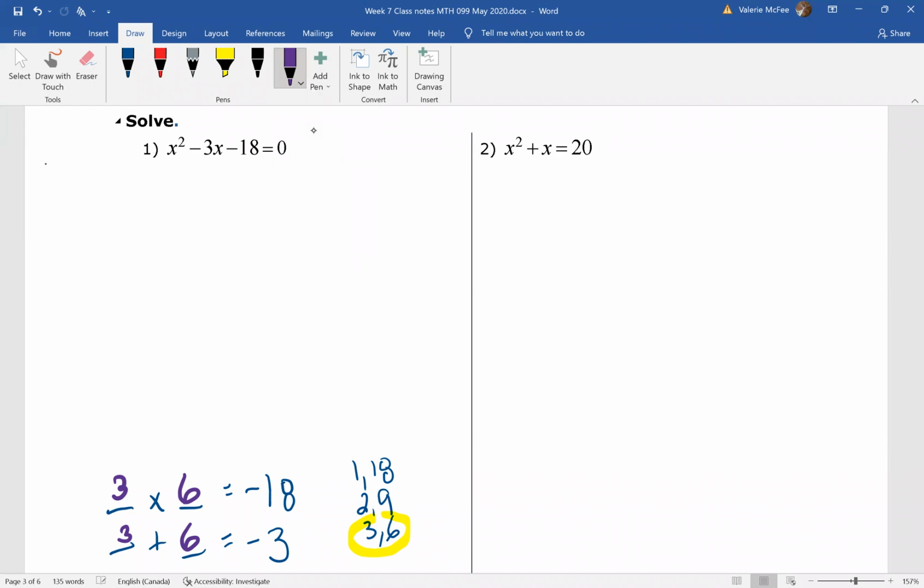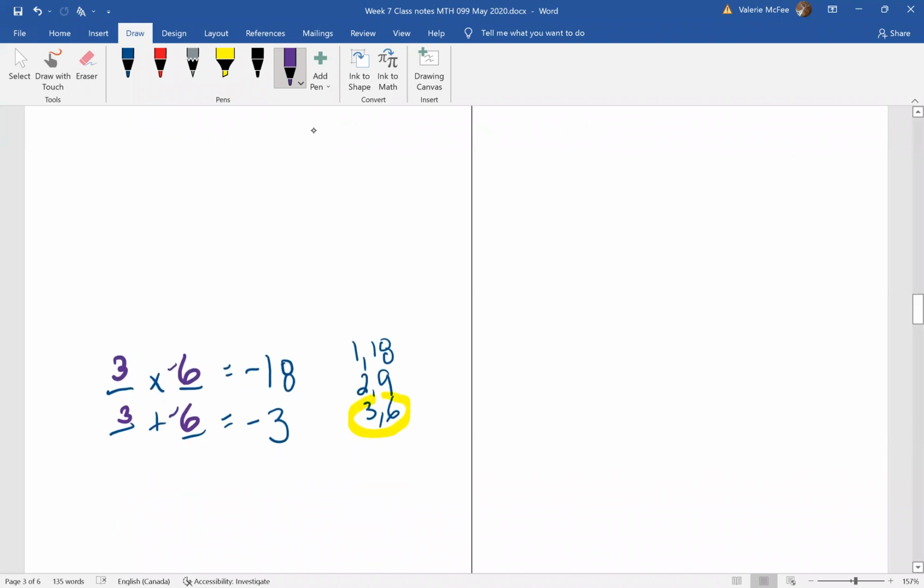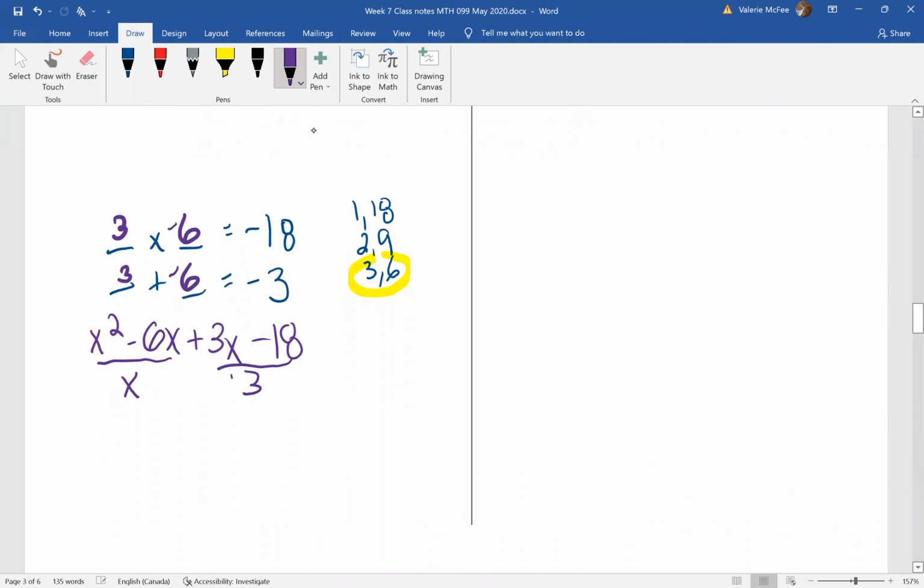And because the 3 has to be negative, we know that we want 6 to be negative. So we have x squared minus 6x plus 3x minus 18. Now we're going to factor by grouping. x is common in the first group, plus 3 is common in the second group.